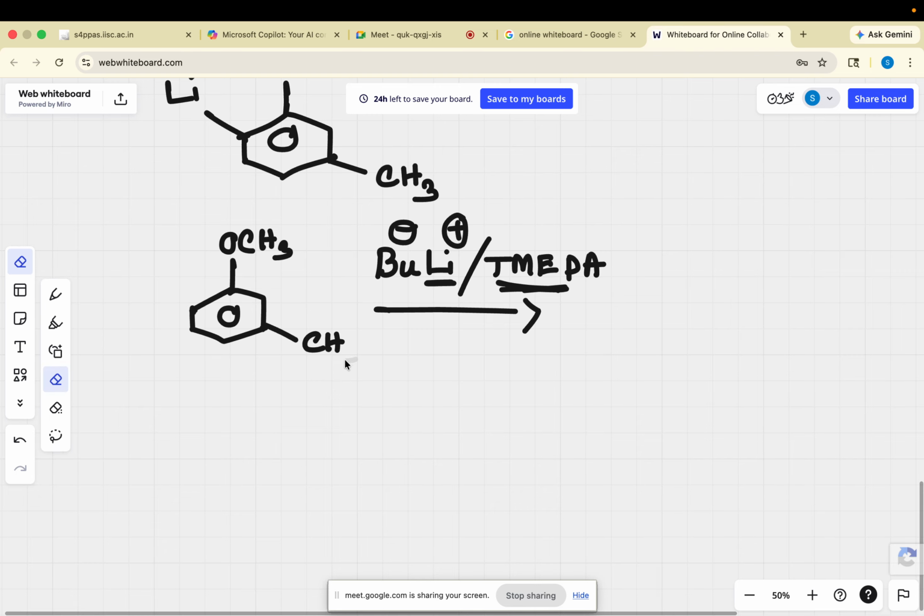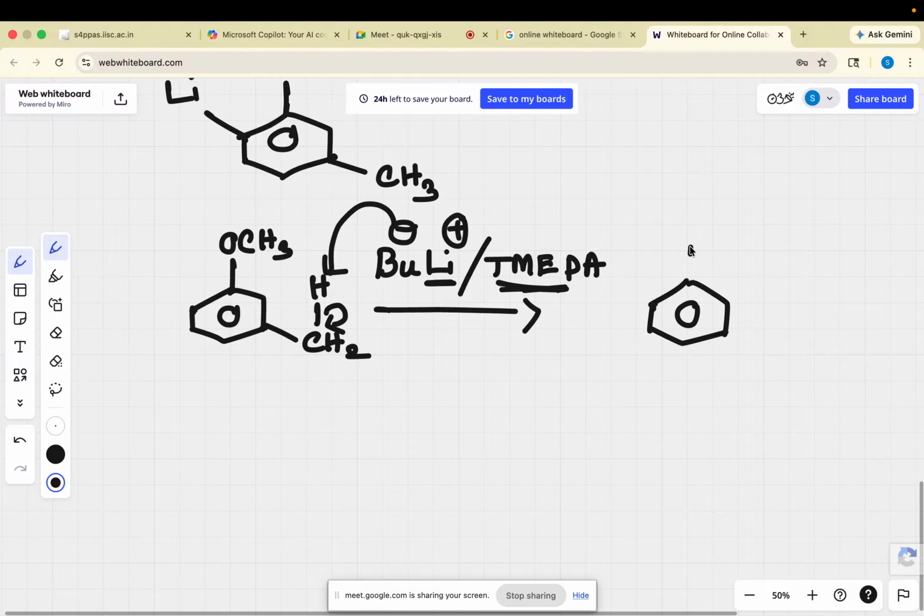Now why is it most acidic? Butyl minus is abstracting the proton from this methyl group. So you have your benzene ring, here you have OCH3, and here I have CH2 minus, right?